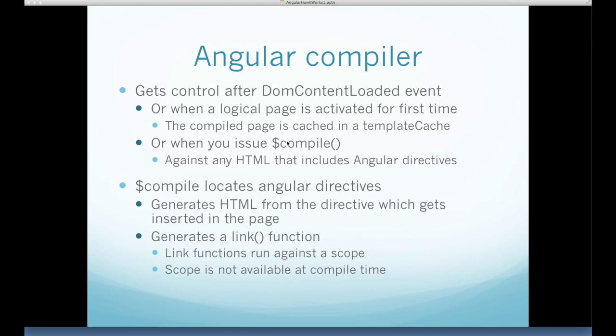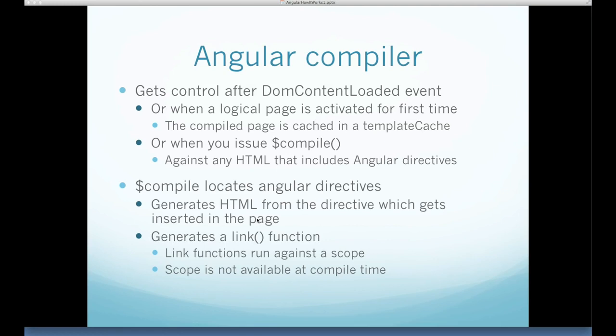This can be in any code that you specify to compile a piece of HTML that contains Angular directives that can then be inserted into the DOM, or when the router, which activates one logical page after the other, sees a new logical page for the first time, it will issue $compile to compile the directives in the HTML. As we say, Angular compile locates the directives in the HTML that is given to compile, and it generates HTML which is inserted into the page.